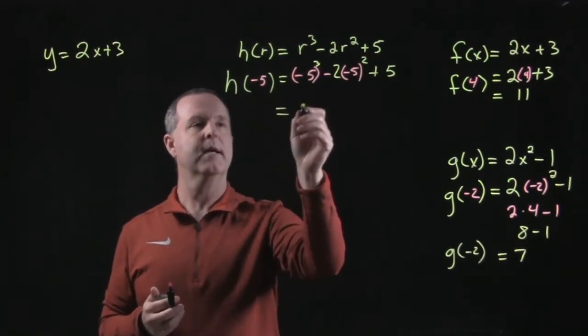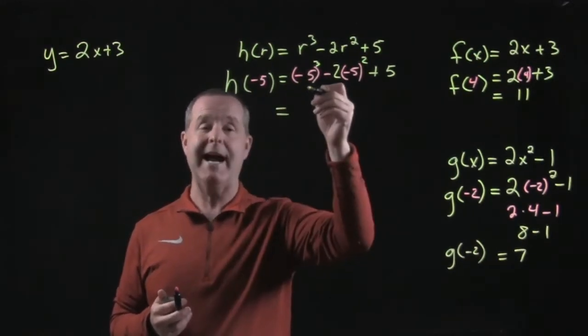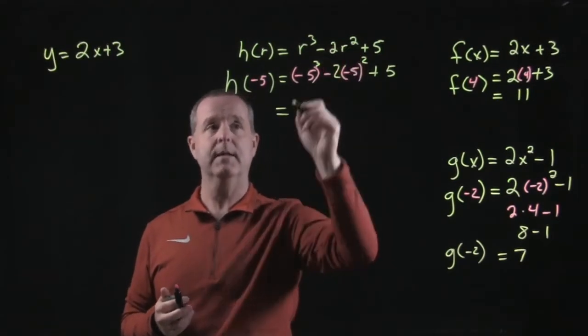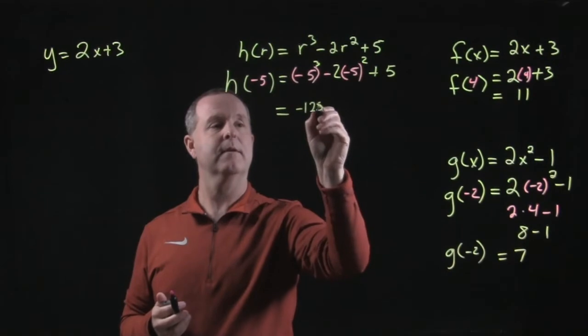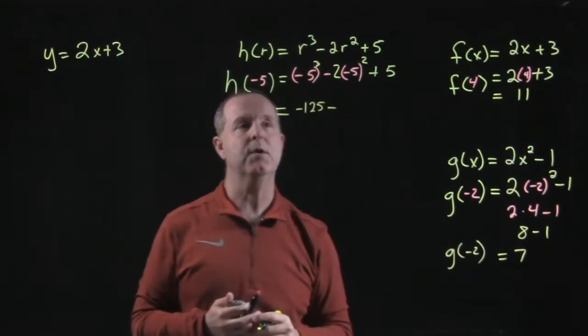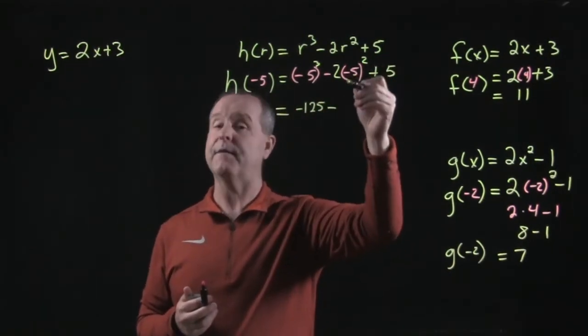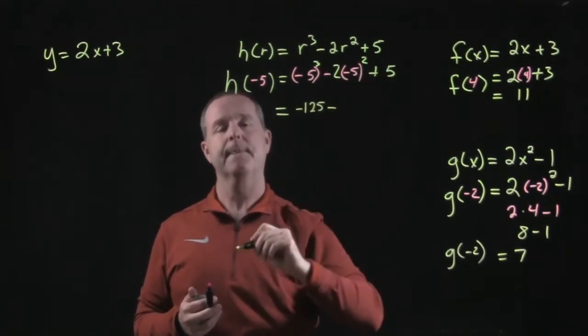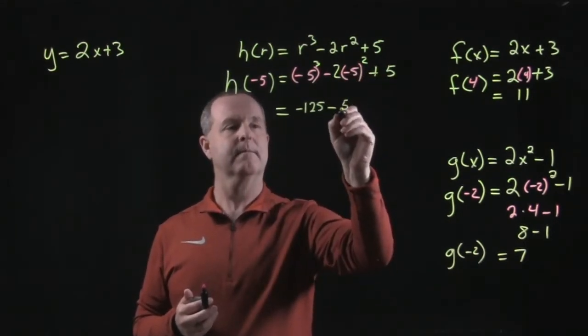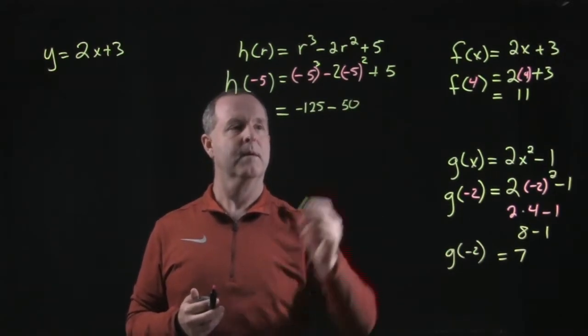Let's work this out. Negative 5 cubed is the entire negative 5 being cubed, and that becomes negative 125. Minus 2 times negative 5 squared. Negative 5 squared is 25, times 2 is 50. Plus 5.